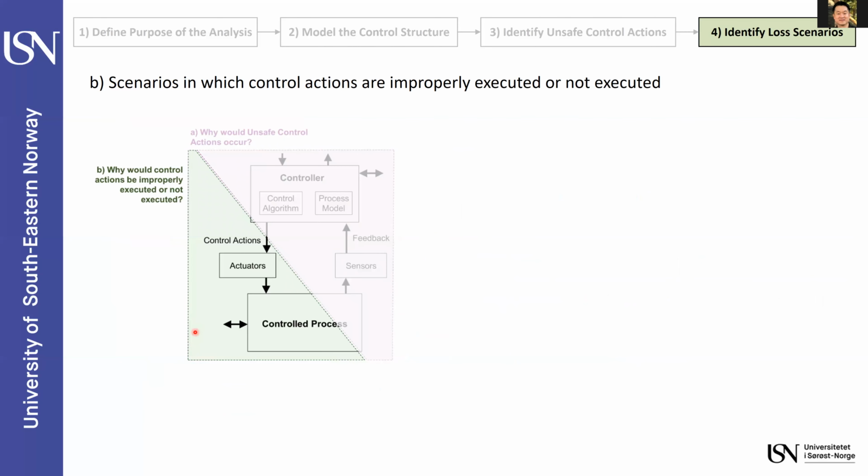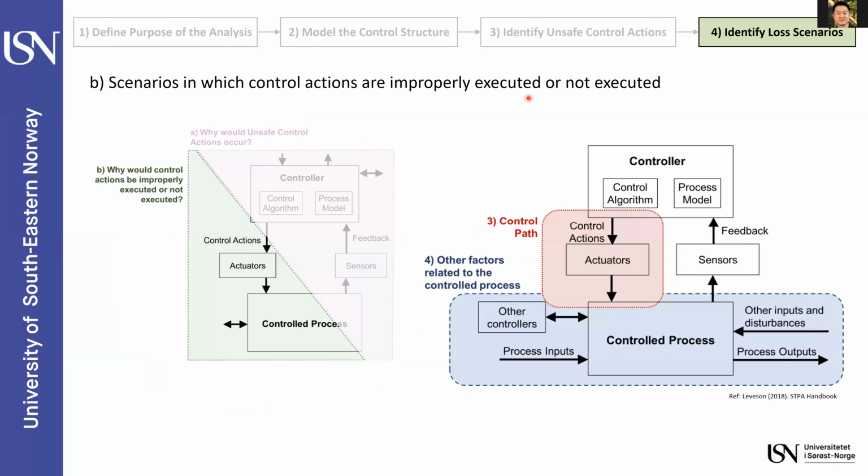And the second type of loss scenarios is to answer this question: why would control actions be improperly executed or not executed? In other words, the scenarios in which control actions are improperly executed or not executed. To identify those scenarios, we need to focus on the actuators and control actions and the controlled process.